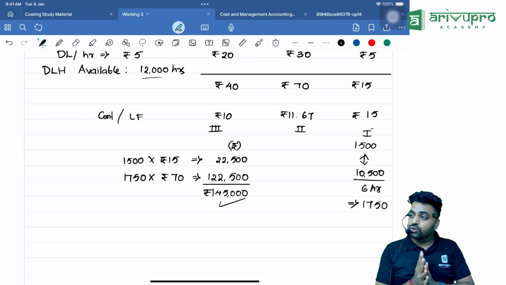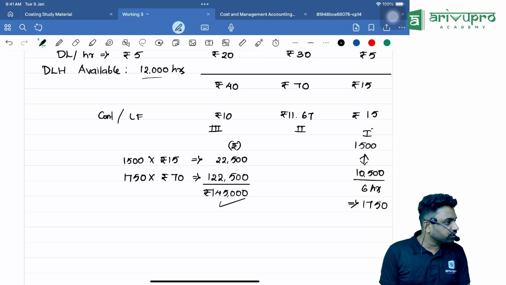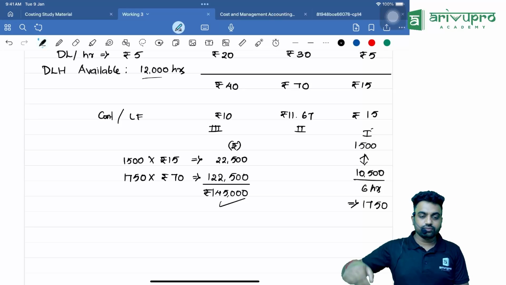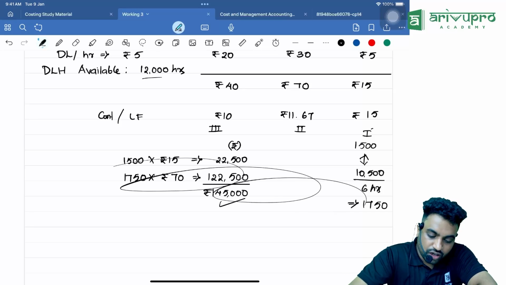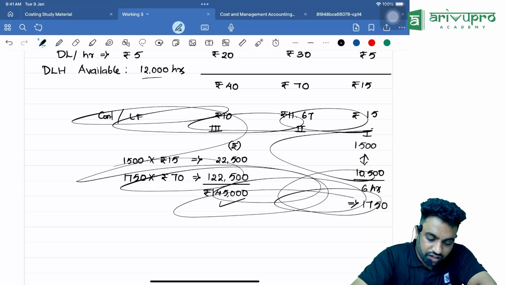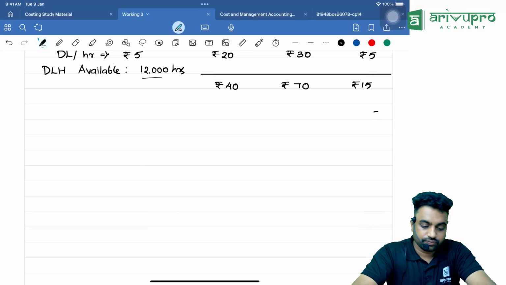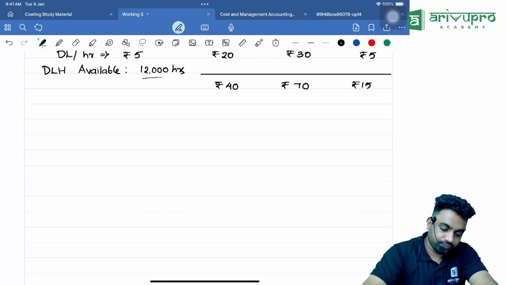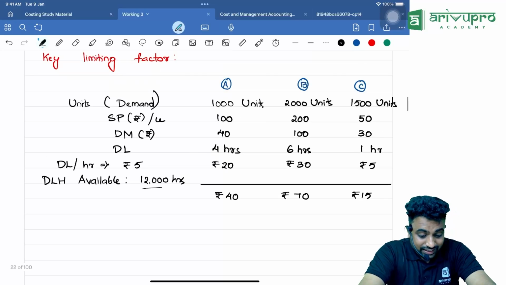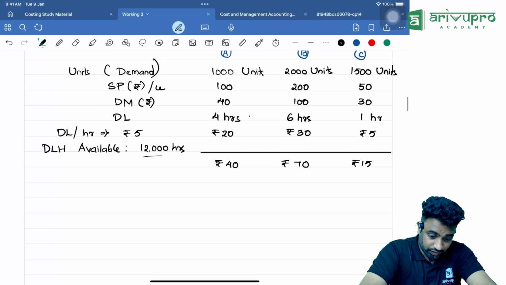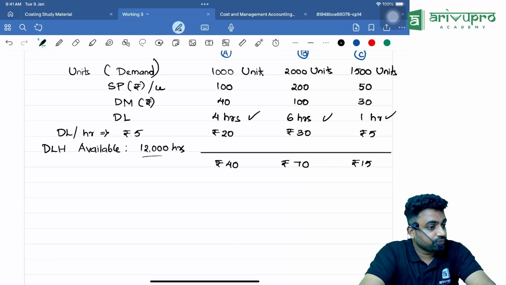Now, can I do a bit of modification in the question? One more small modification, where of course the numbers are going to change now. Shall I? The modification is very simple. See, sometimes what they tell you, they don't give 4, 6 and 1.